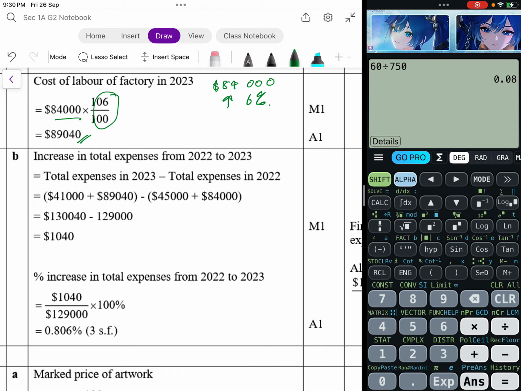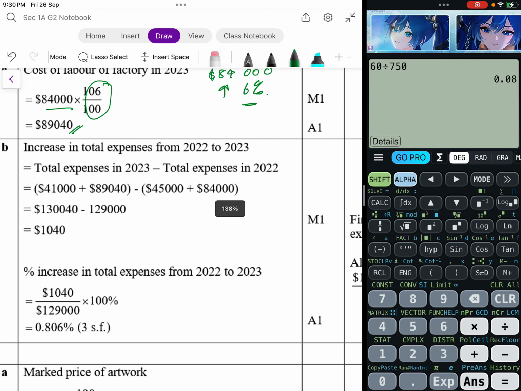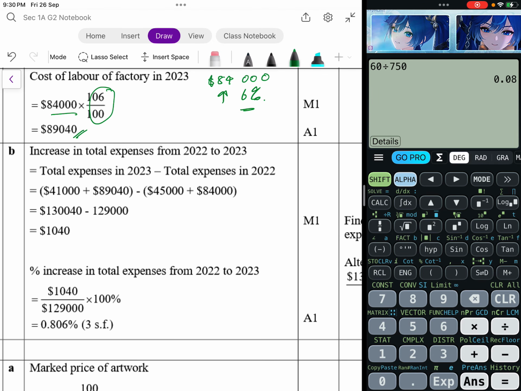Calculate the percentage increase in total expenses. Now we already know about this increase, but we also have a decrease in raw materials, right? Decrease to 41,000. So in 2023, the cost of materials was 41,000, but the cost of labor was 89,000. Compared to 2020, which is 45,000, and the cost of labor was 84,000.